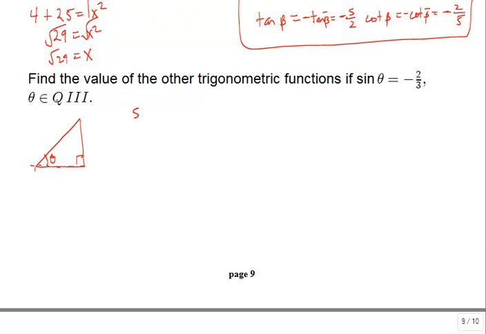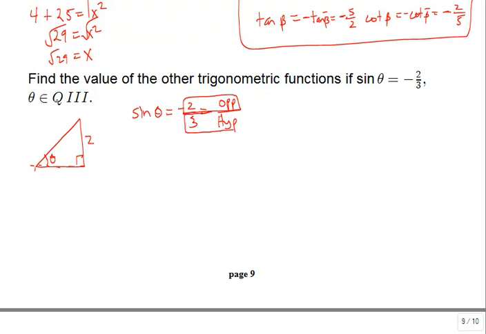And if I know that sine of theta is equal to negative 2/3, according to our definition of sine, sine is supposed to be opposite over hypotenuse. Now I am going to ignore the negative temporarily. So I am going to let my opposite side to this angle theta, which would be this side over here, be just the 2.